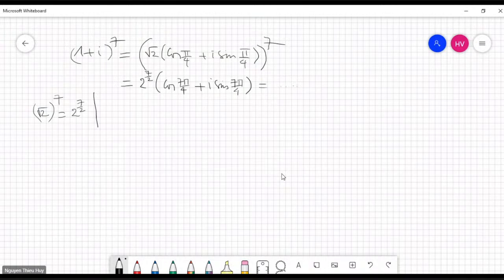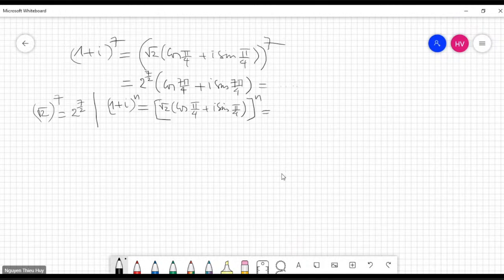But actually, you can compute generally, not only for n equals 7. You have 1 plus i to the power n. What you have here is again the square root of 2 cos pi fourth plus i sine pi fourth, and then raised to the power n, right?